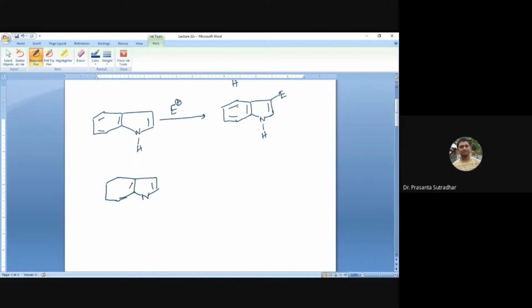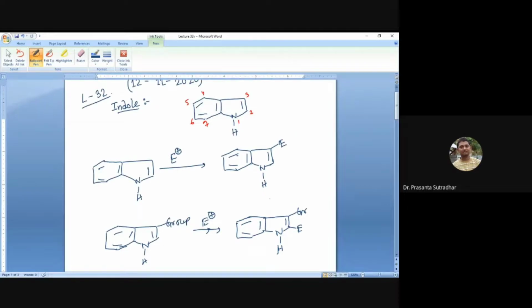It will add at position 2 only if position 3 is blocked by some group, then the electrophile will go to add there. So why the preference? Position 3 is the predominant.